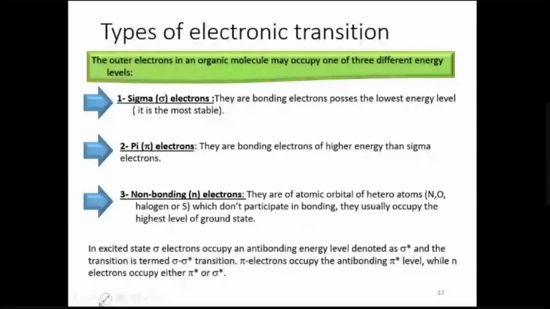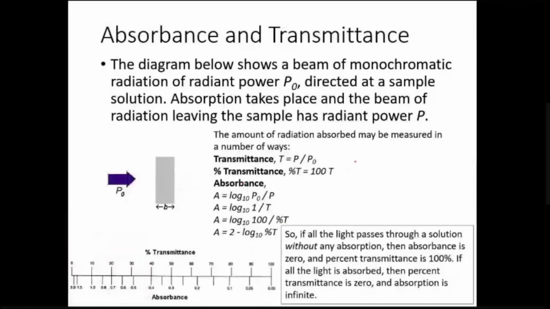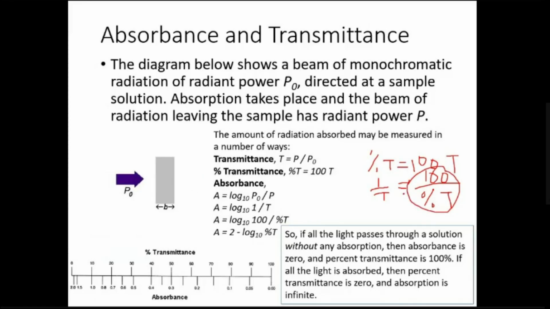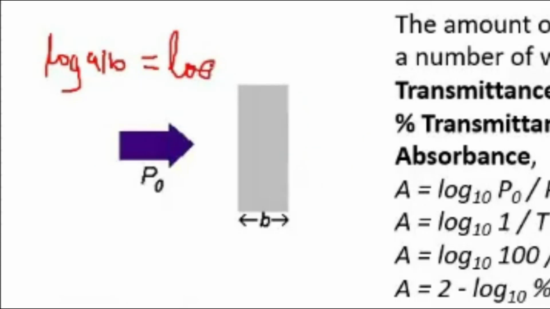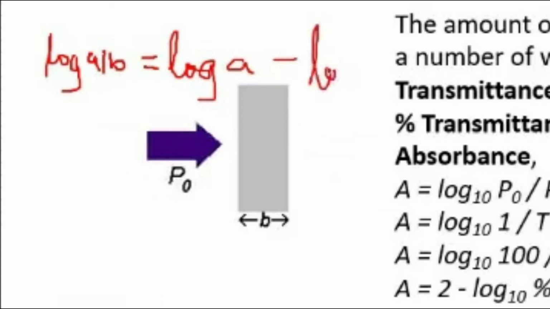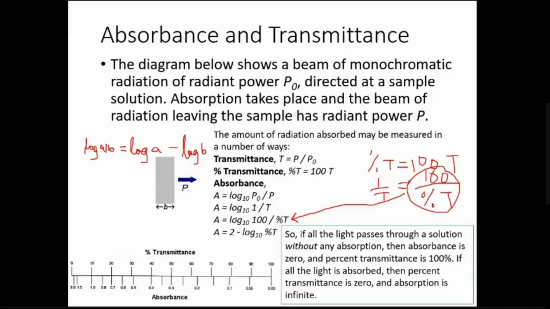Let me quickly show. If percent T is equal to 100 multiplied by T, then 1 by T will be equal to 100 divided by percent T. So this value has been substituted in place of 1 by T. Now you know the formula for log of A divided by B. It becomes log A minus log B. Similarly, it will become log 100 to the base 10 minus log of percent T to the base 10.